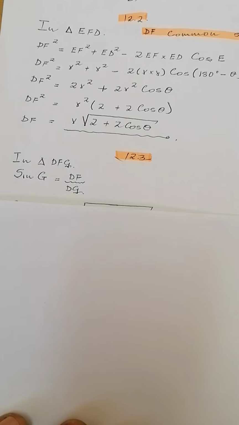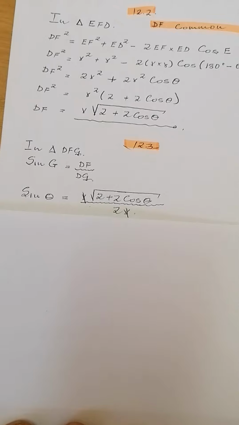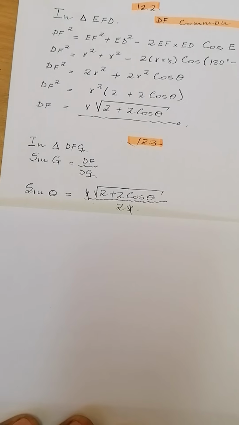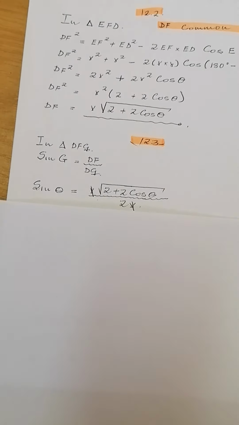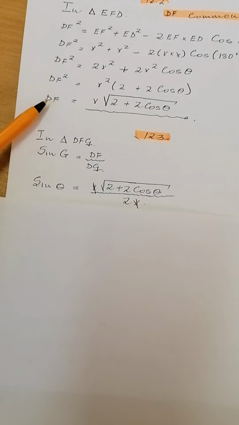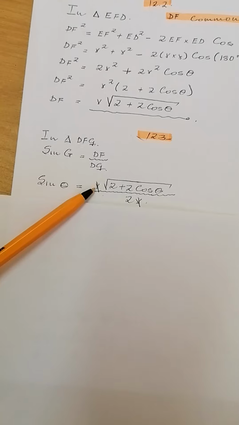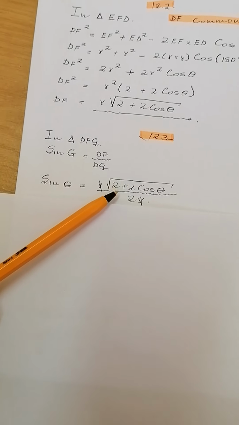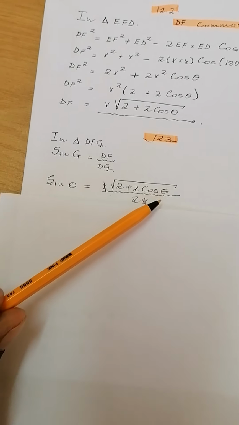Now, I substituted. Angle G was theta, and DF is there. It is R into root 2 plus 2 cos theta.